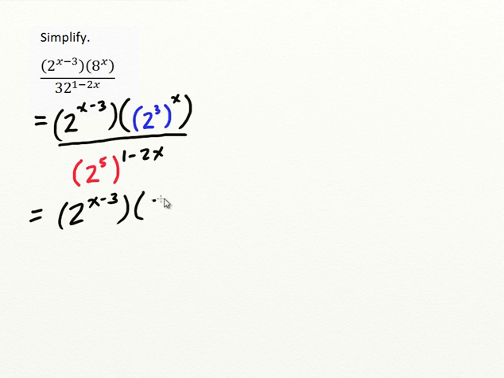So this will be 2 to the exponent 3x. In the denominator, the rule is, again, when I have an exponent raised to another exponent, I multiply the exponents. So the bottom will have 2 to the exponent, well, 5 times 1 is 5, and 5 times negative 2x is negative 10x.